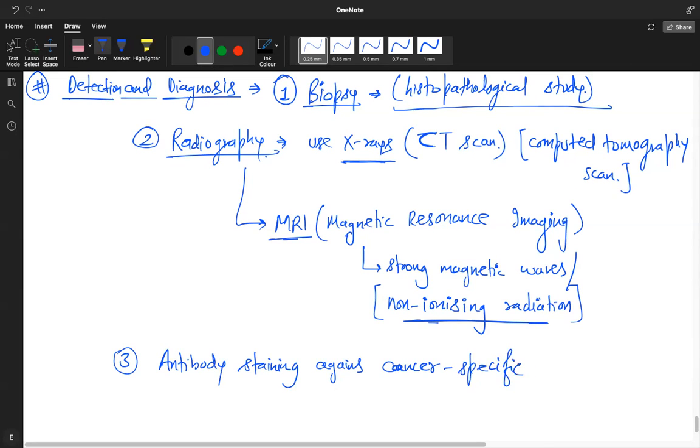This we can do in case of blood cancer also, because MRI or CT scan or biopsy... biopsy can still work, but CT scan or MRI sometimes cannot very reliably tell you about blood cancer. But this technique can. There have to be cancer specific antigens if there is a cancer, and then you can stain for that using antibodies.